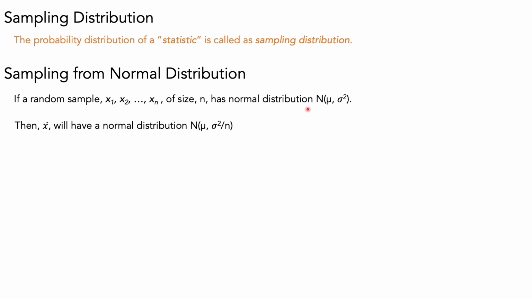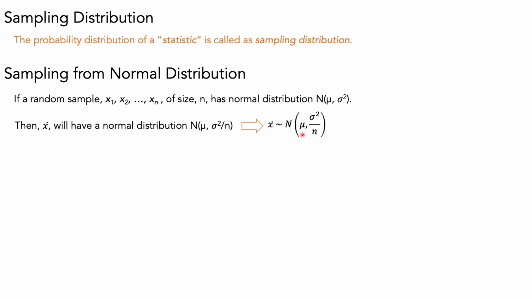Now both of these are normal distributions, but the difference is that this one has a variance sigma square, while this one has sigma square divided by the sample size. Both are normal, but their parameters are different. This can be expressed like this: the sample mean has an approximately normal distribution with these parameters.